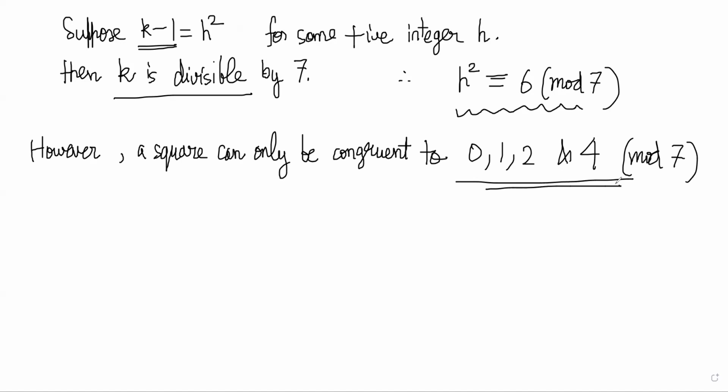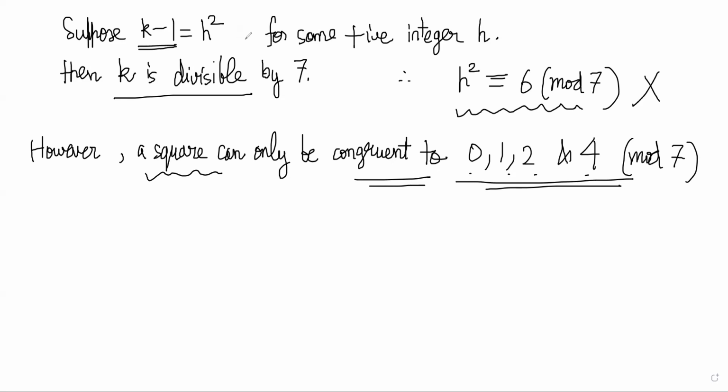If you don't understand this, you have to go to the quadratic residues section in my course on number theory. The course is available on Udemy. I have discussed quadratic residues in detail, and you need to study that a little bit. A square can only be congruent to 0, 1, 2, and 4 mod 7, which means that this is impossible. H square cannot be congruent to 6 mod 7.